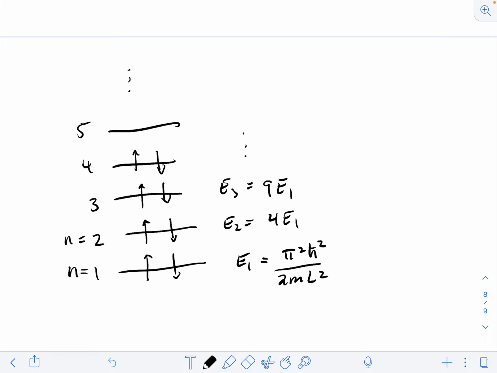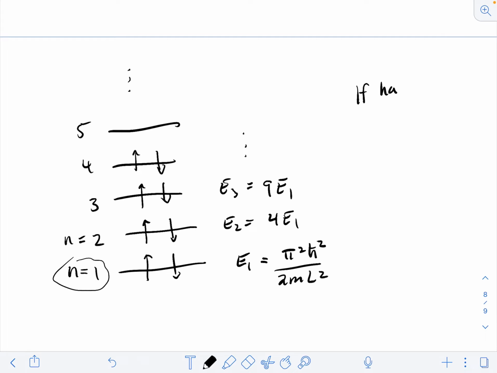And you can see that the ground state energy is going to be quite a bit higher than it was for the boson system, because in the case of the bosons, we would put everything just in the n equals 1 state. And so you'd get N times E1. But if I add up this total system energy for the fermions, the energy keeps going up and up and up when I have more and more particles.